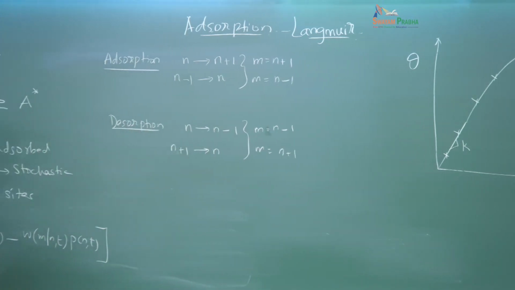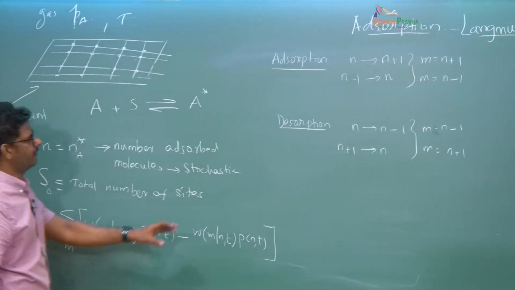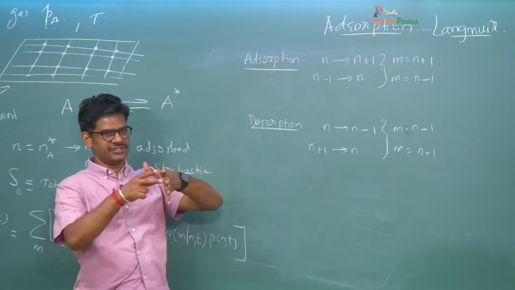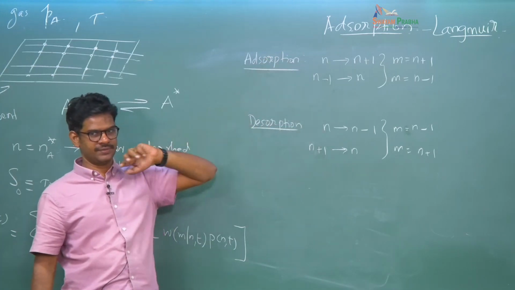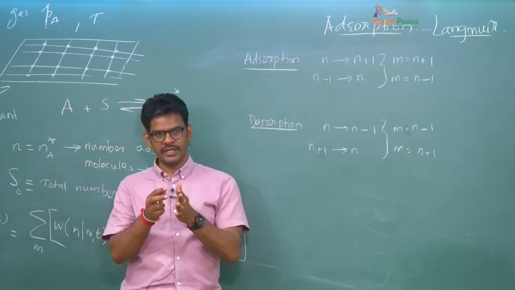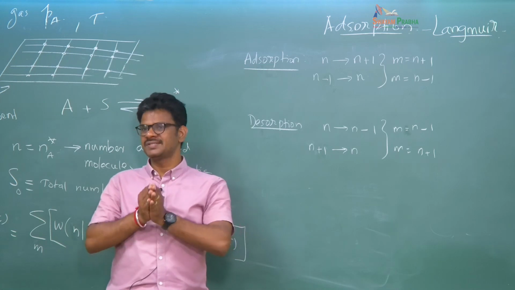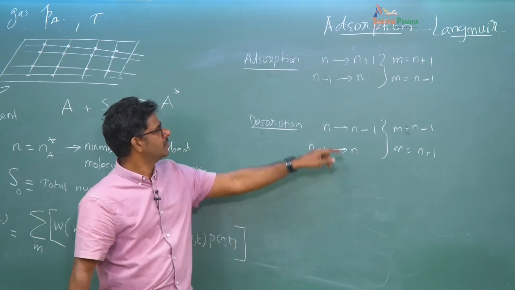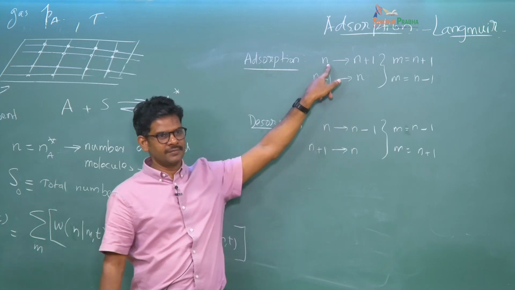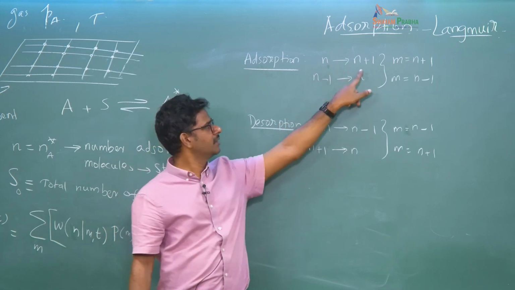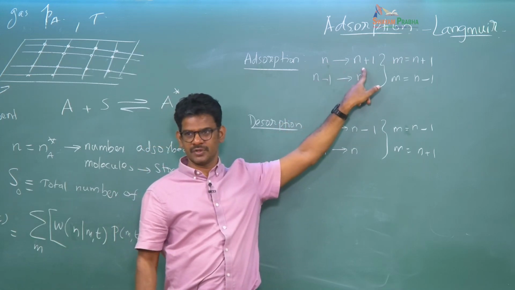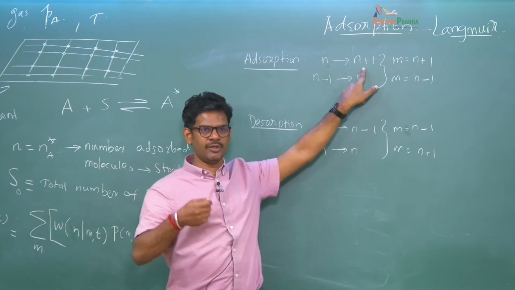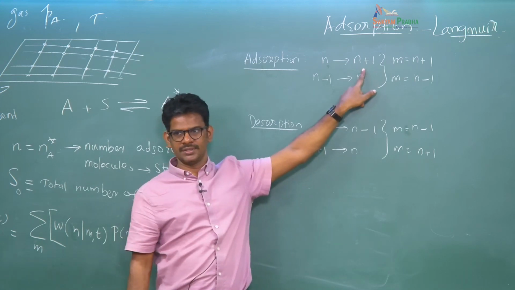If you look at this problem, we have two reaction channels, adsorption and desorption. In the adsorption, you are looking at what are the events that will affect state n. When the state is at n, any adsorption can take the system to n plus 1, because adsorption means adding one molecule to the adsorbed sites.